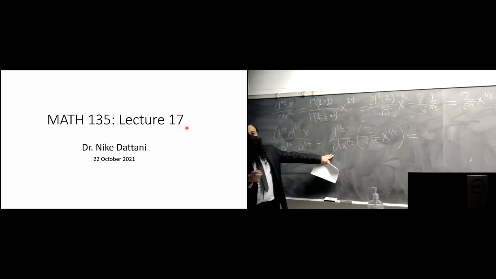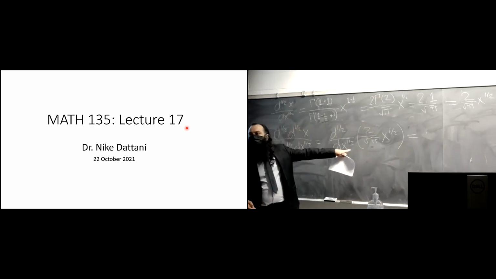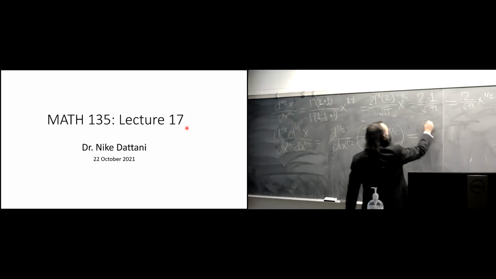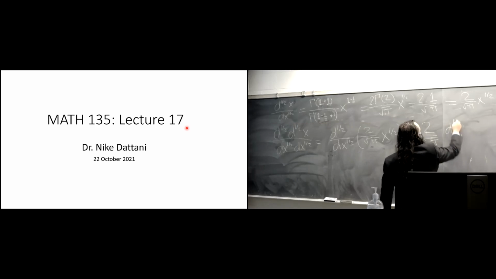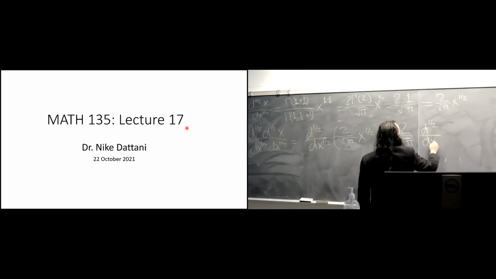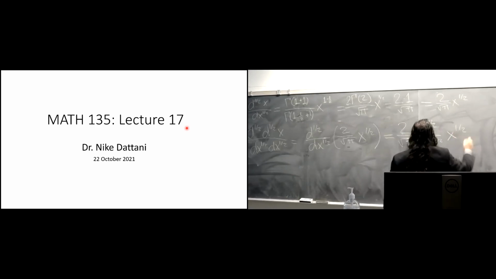First thing, we have a constant here, we can pull that out, right? Okay, so 2 over root pi times the half derivative of x to the half, right?